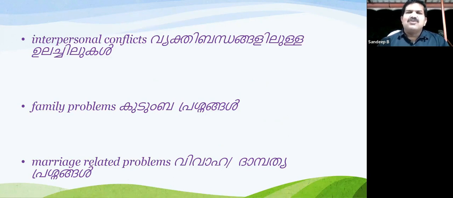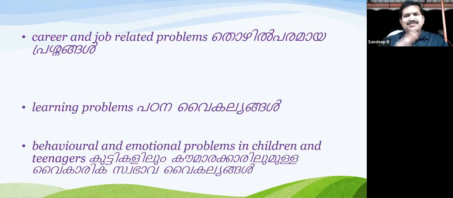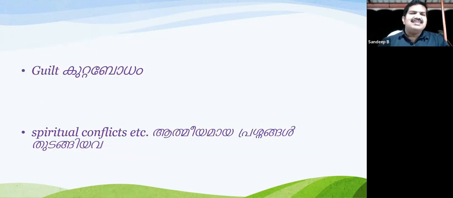And then interpersonal conflicts, family problems, marriage-related problems, where more counseling is needed. Sometimes these arise because of depression and psychosis, and sometimes they are just behavior and understanding problems. Then career and job-related problems, learning problems, and behavior problems in children and teenagers. Learning problems can be due to decreased intelligence quotient, and there can be guilt and spiritual conflicts.